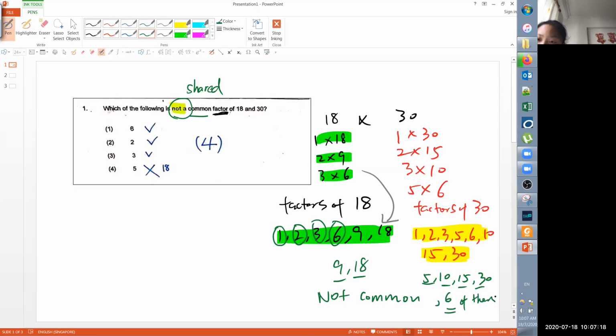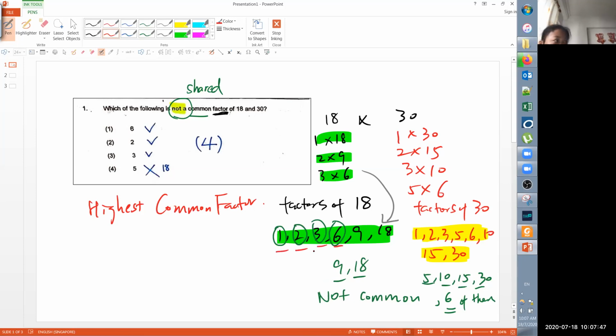That is the way to do common factors. Sometimes they might ask you for the biggest, or what they like to call the highest common factor. If they ask for the highest common factor, you just look at the common factors: 1, 2, 3, 6.